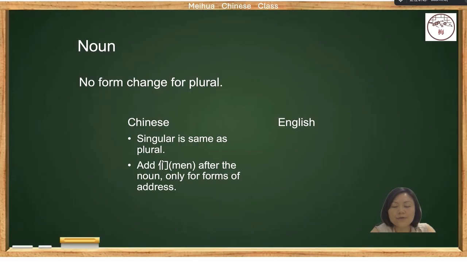And for forms of address, or for people's titles, we can add a character, 们, after the title, after the noun, to make it not single.